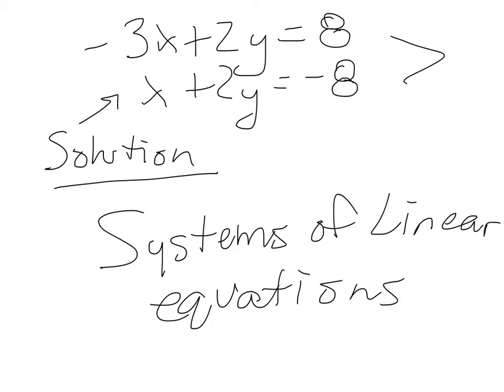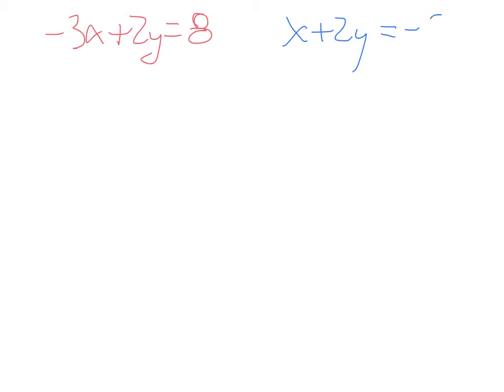So we take these two examples, and I'm actually going to color code. One is going to be red and the other is going to be blue. So I'm going to take negative 3x plus 2y equals 8 as 1. That'll be in red. And here's the other one, x plus 2y equals negative 8. Just copied from the previous slide. I'm going to graph both of these lines.